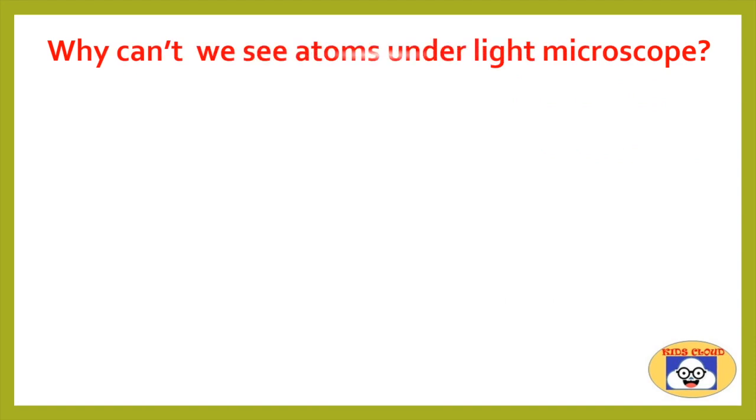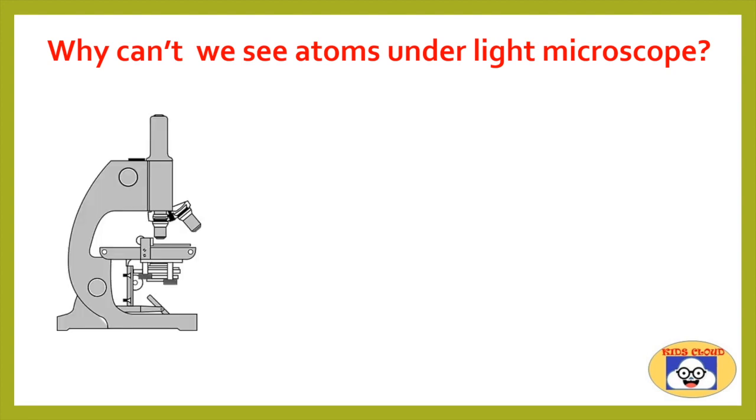If these are smallest, then why can't we see atoms under a light microscope? As atoms are extremely small, we expect them to be visible under the light microscope. But do you know, we can't see them even under a light microscope. Here is the reason for that.